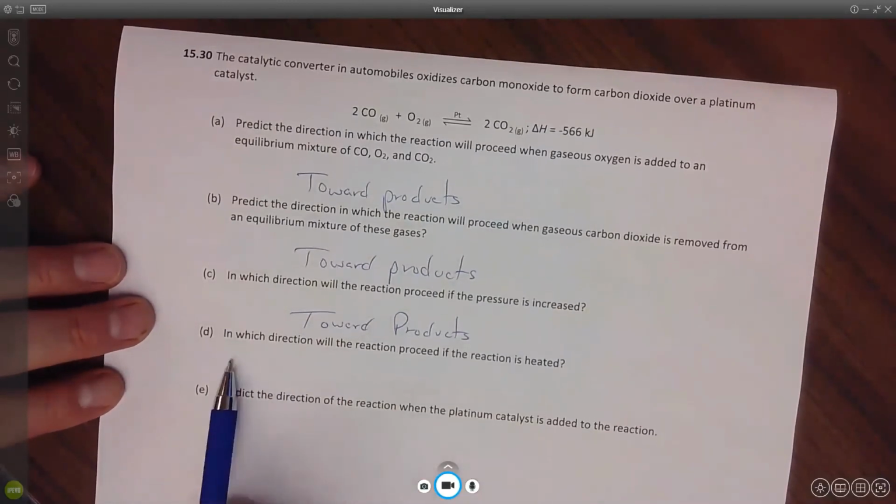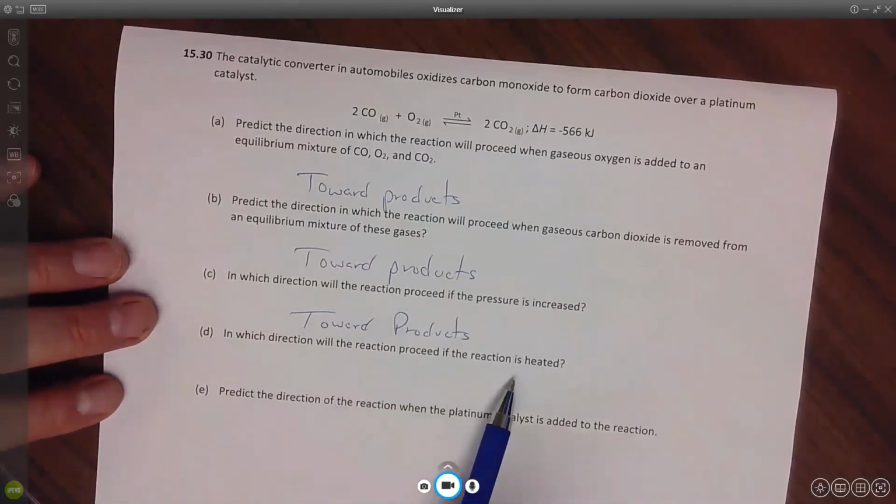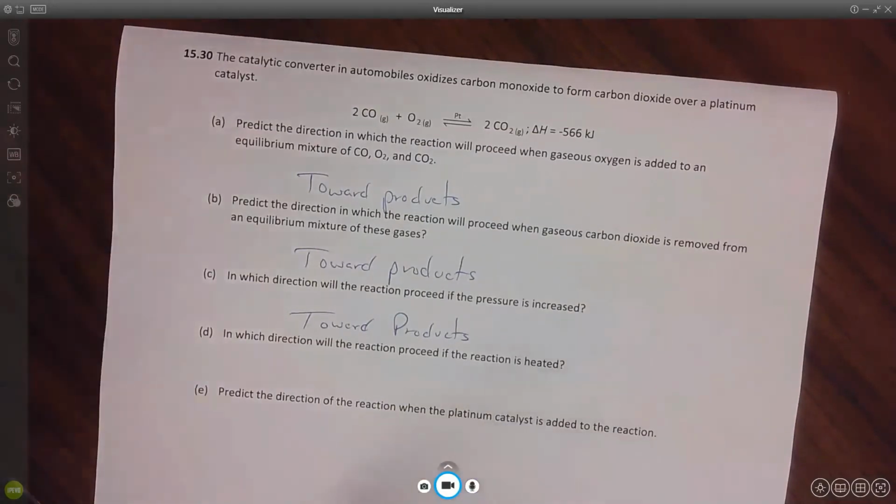Okay, so in which direction will the reaction proceed if the reaction is heated up? Hannah, what do you think? If I heat up this reaction, which direction is it going to go? Because the enthalpy is negative, I think that it would go towards the products.